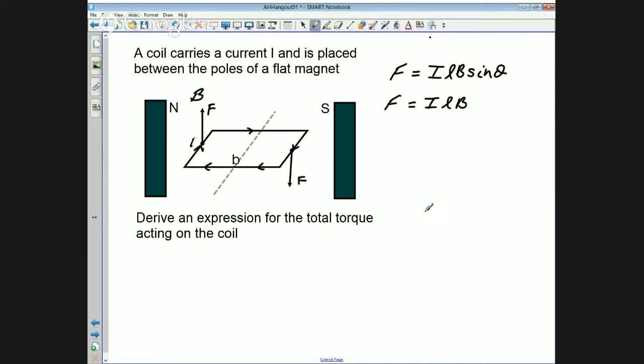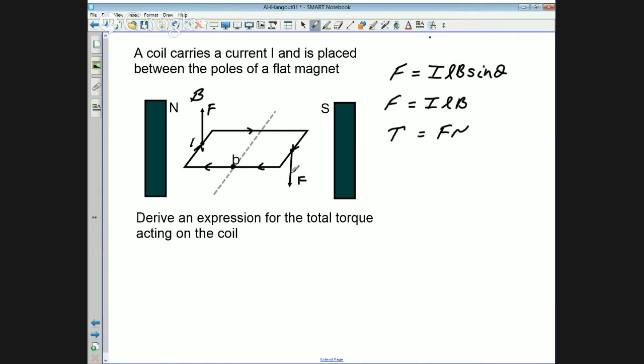Now, it's asking us here for an expression for the total torque acting on the coil. Remember what the torque is? The torque is equal to the force times the distance r from the center point. So in this particular case, we've got two identical forces, one pulling up and one pulling down.